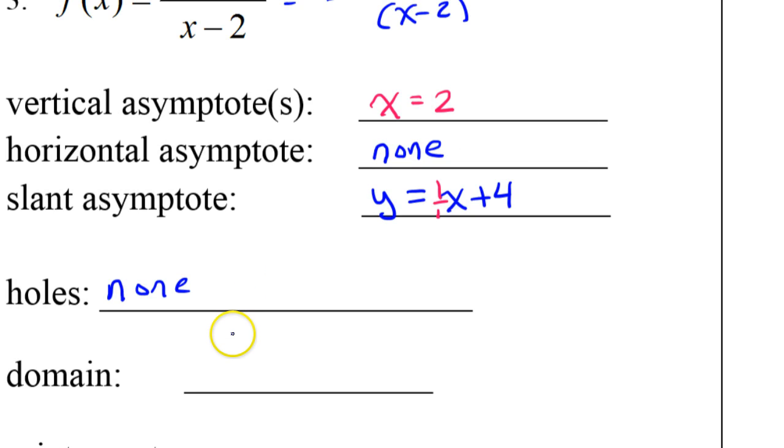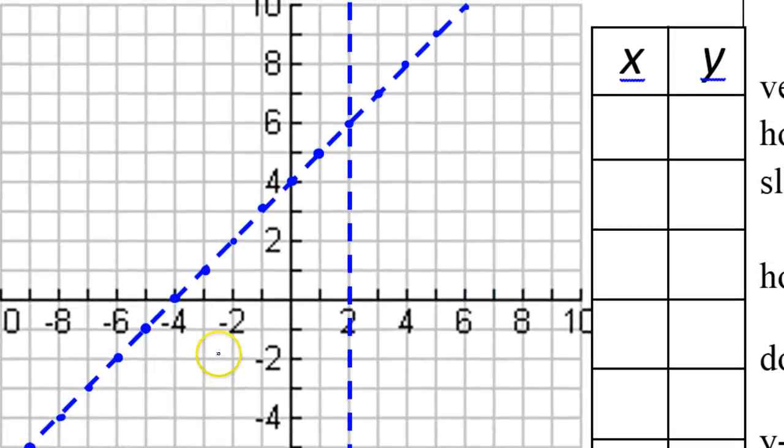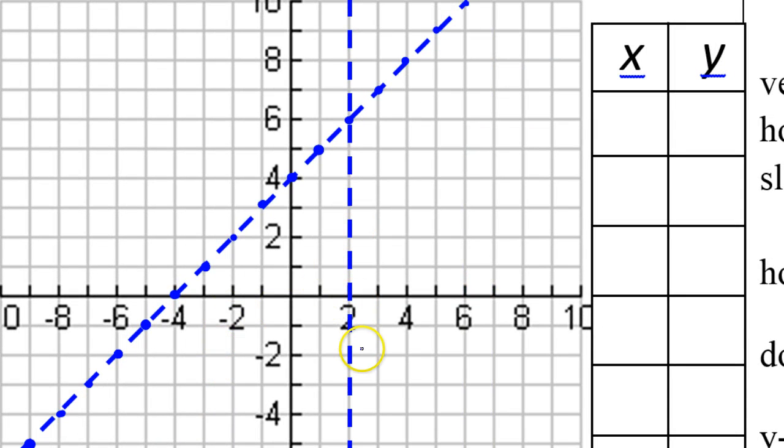Okay, so we can go ahead and do the domain now. When you look at the domain, if there are no holes to worry about, the vertical asymptote is all that matters. So the domain is going to go left to right. So that means I'm going to start over here at negative infinity, and I'm going to go right up to the vertical asymptote.